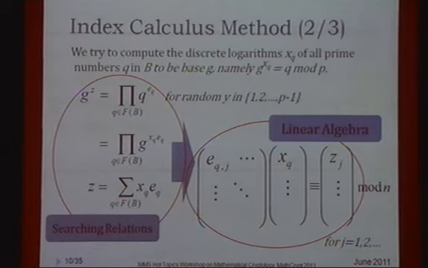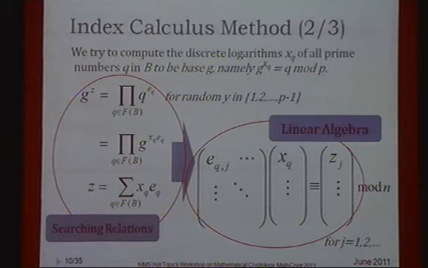Once we have this prime decomposition of a B-smooth number, we substitute g to the x_q here. Then we have the same base g here, and the number of summation terms is the number of factor base elements. Then we extract only the exponent part.